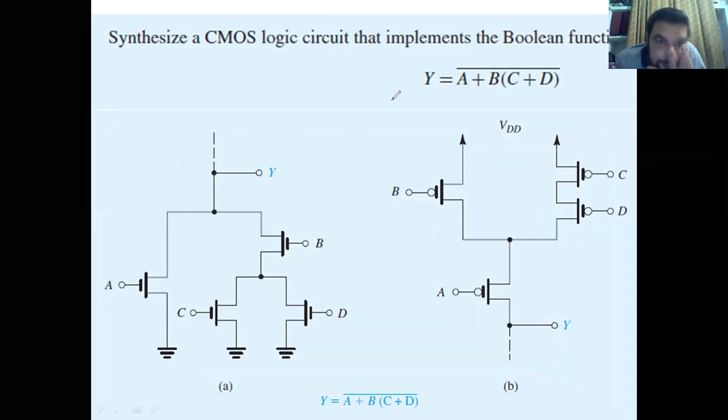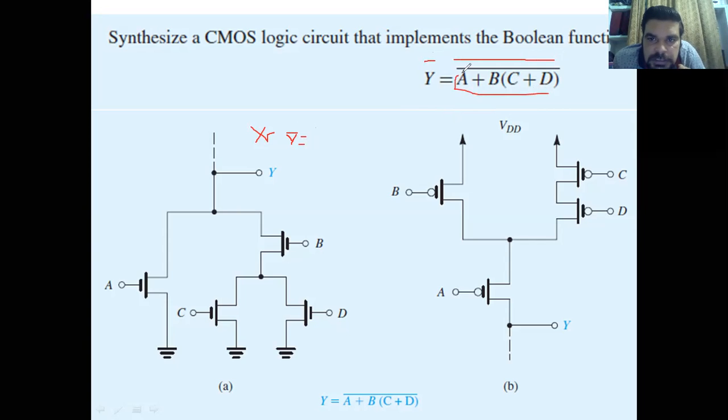Okay, in which form do you need to design? Y bar equals to inputs. So just take the complement of both sides. If you take the complement of both sides, that will be Y bar equal to A plus B(C plus D). So you can easily design this circuit in the pull down network.